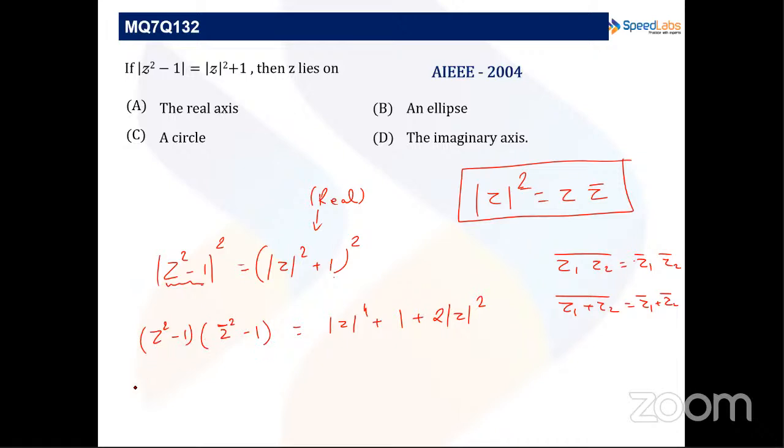Now on multiplying, we get z square into z conjugate square minus this, minus z square plus 1. So z into z conjugate will be mod of z squared. On solving it, this quantity will get cancelled out.